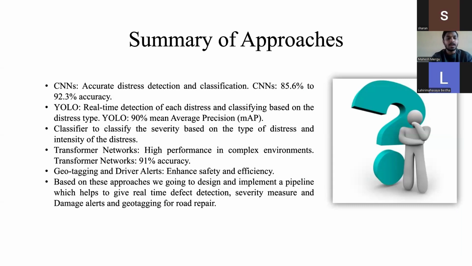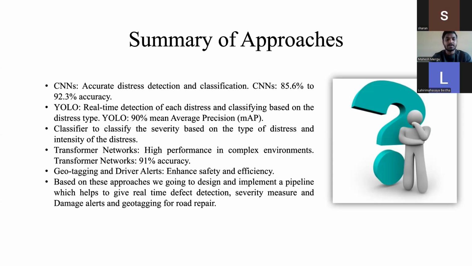YOLO does real-time detection of distress and classifies based on the distress type, and gave about 90%. Then it classifies the severity based on type and intensity of the distress. The transformer networks, on the other hand, gave very high performance in complex environments. The accuracy for transformer networks was 91%, which is super crazy.